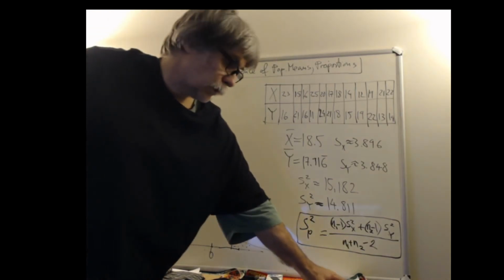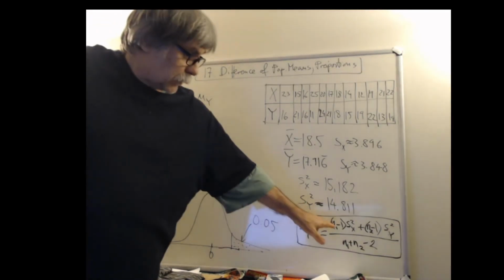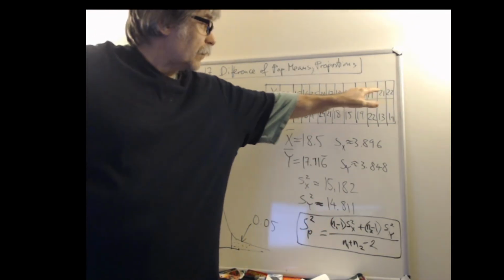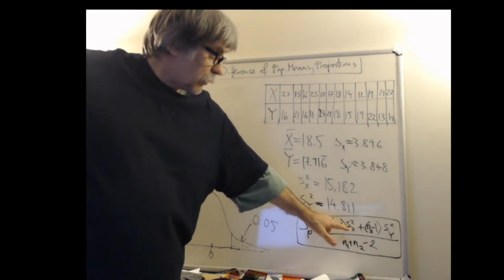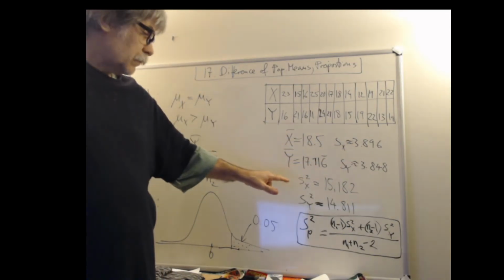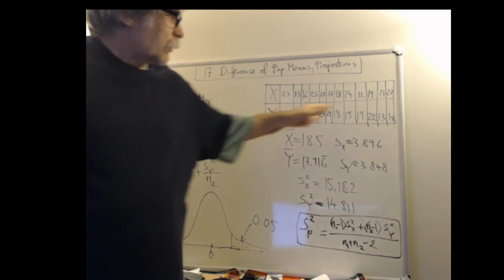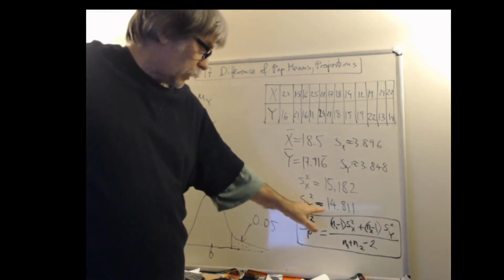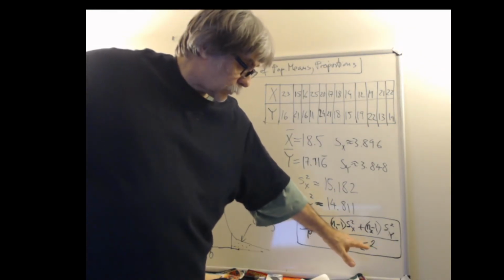Okay? Now I cooked this nicely, so I have no problem calculating that, but you do have to plug it in. This number here is 11. 1, 2, 3, 4, 5, 6, 7, 8, 9, 10, 11, 12. Degrees of freedom 11. This number is 11. This number, square it here. I have it right there. This number is also 11, so 12 here again, minus 1 is 11. Downstairs you have 22: 12 plus 12 minus 2.